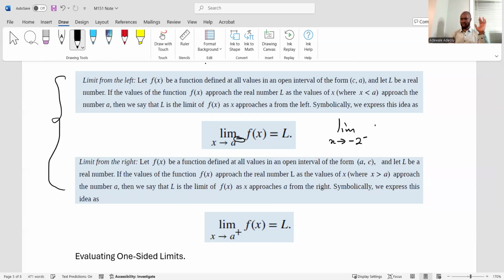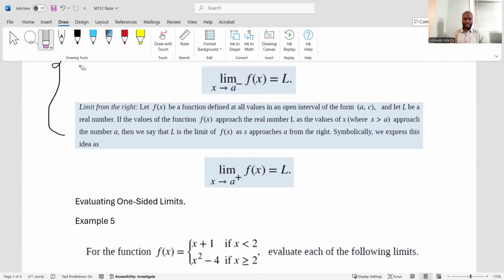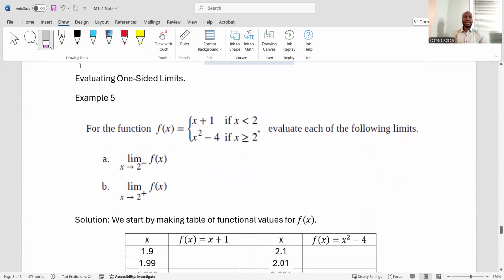So the sign here is just telling you the direction: from the left, or from the negative side. While if you have a plus there, it is telling you from above, or from the right. So please go through this and read that.